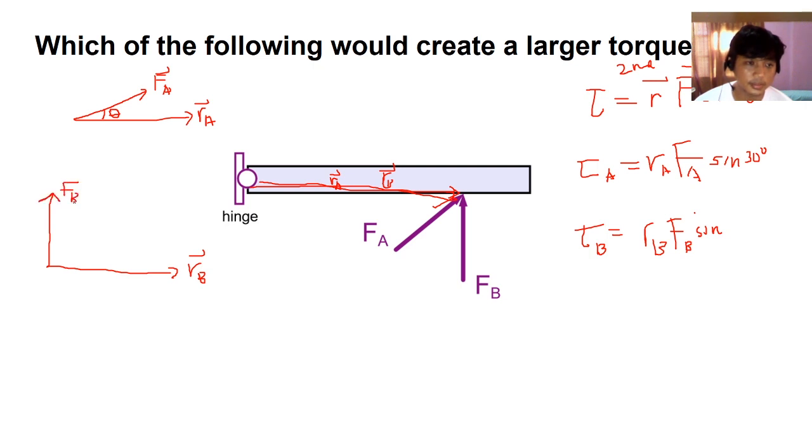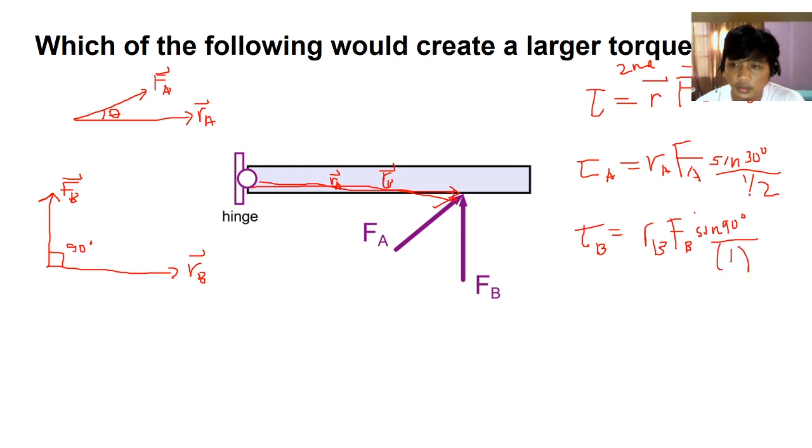Now the short angle is 90 degrees. So let's put 90. So we know that the magnitudes of RA and RB are the same. The magnitudes of the forces are the same. Where they differ is the angle. Sine 30 is 1 half and sine 90 is 1.